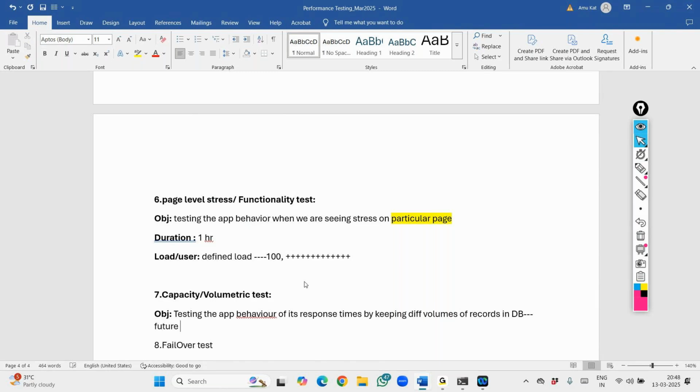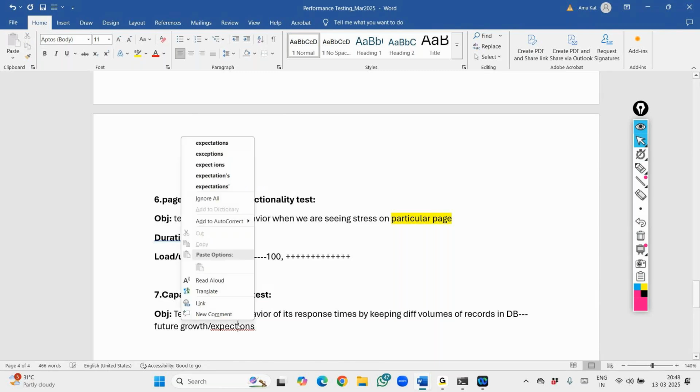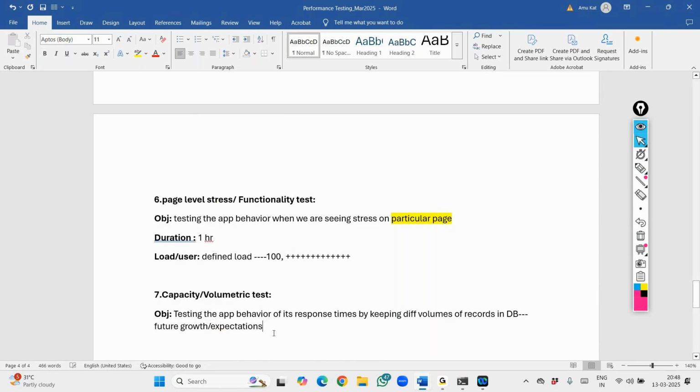We will be working on future growth and expectations on its application load.